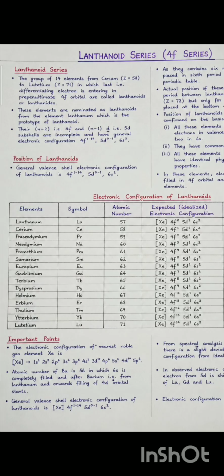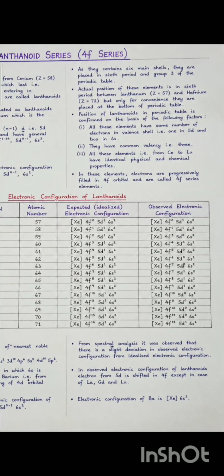Gadolinium possesses 4f7 electronic configuration, which is half filled and more stable, and ytterbium also possesses 4f14, which is more stable. And in this, europium possesses a larger size than other elements.